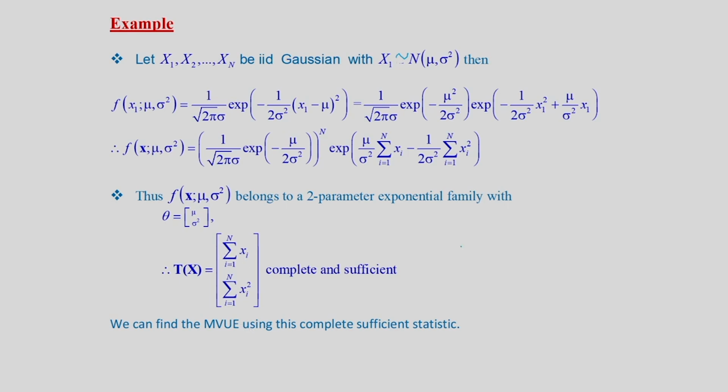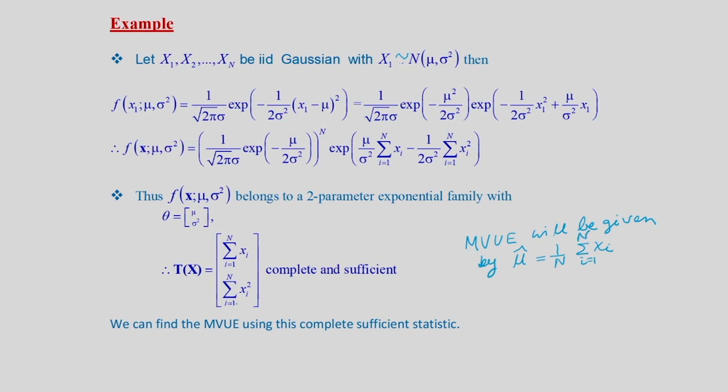So, MVUE will be given by, first, we have to find out the MVUE for mu hat. This is simple, we have just divided by n. So, that will be 1 by n into summation xi, i going from 1 to n.